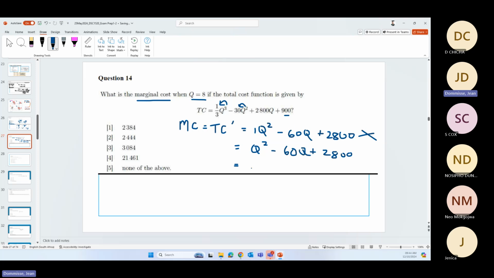So we need to replace Q with 8. So that will give us our new marginal cost. So that is 8 to the power of 2, which is 64.